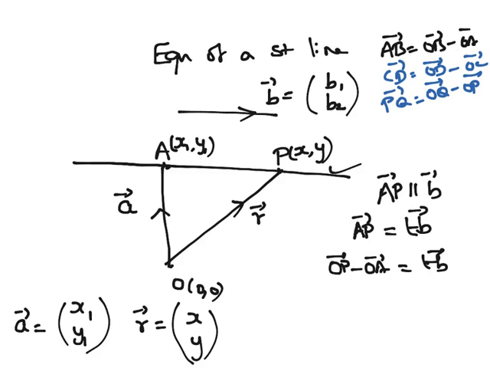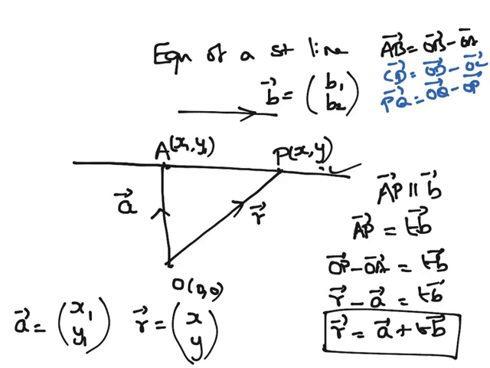But we have taken OP vector as R vector, isn't it? R vector minus, I have taken OA vector as A vector. So R vector minus A vector equal to tB vector. So finally, R vector equal to A vector plus tB vector. So this is the equation of this line, right? R vector equal to A vector plus tB vector.